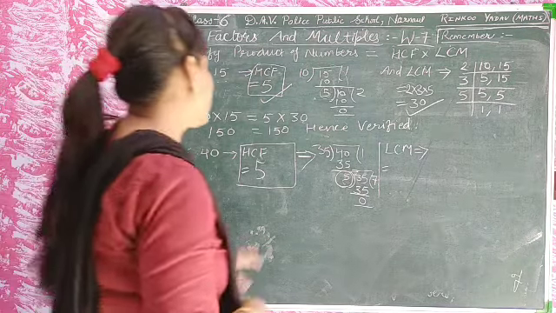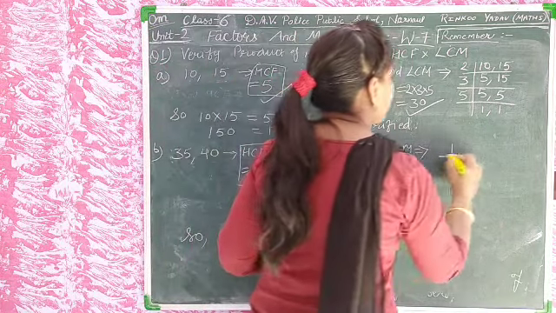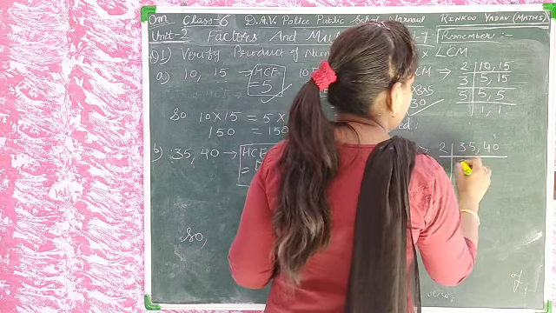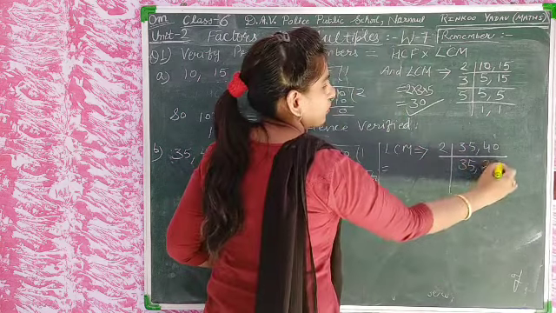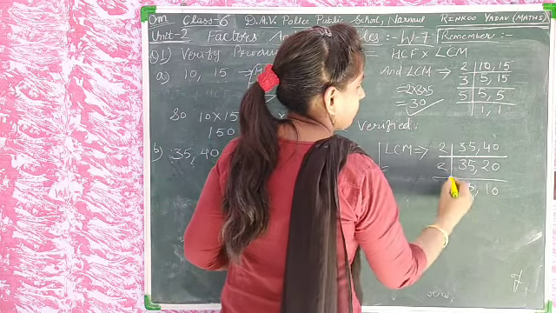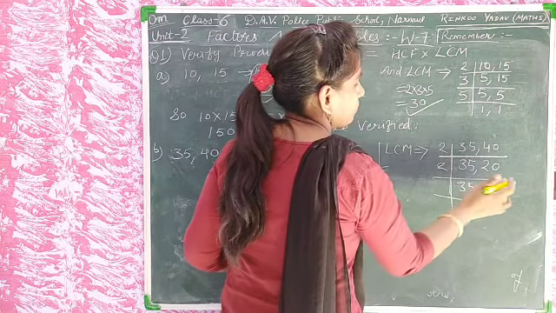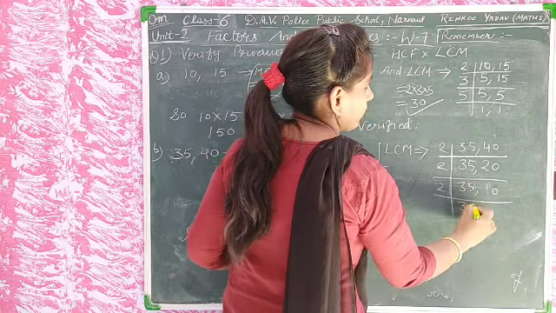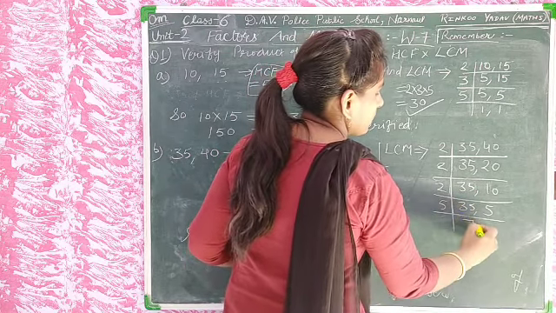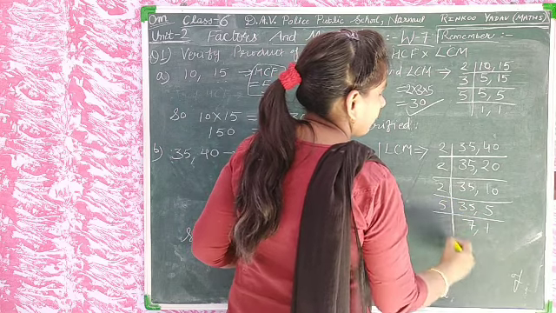Now we will solve for the LCM of 35 and 40. It will be divided by 2: 2 twenties are 40, and 35 stays. Again divide by 2: 2 tens are 20, 35 stays. Again 2: 2 fives are 10, 35 stays. Now divide by 5: 5 sevens are 35, and 5 and 5.